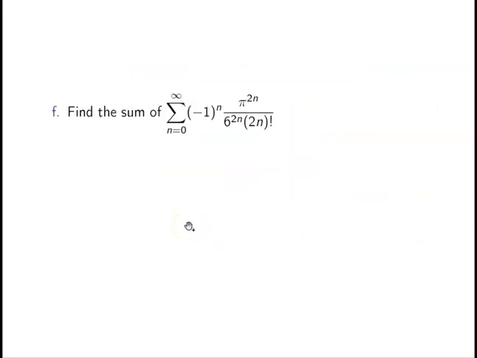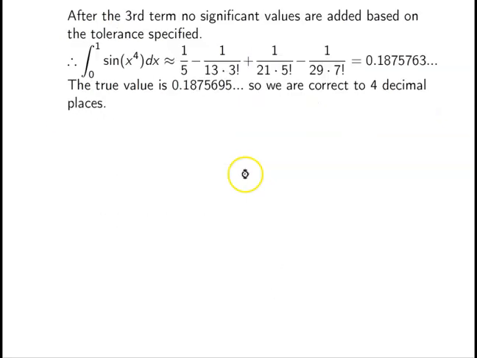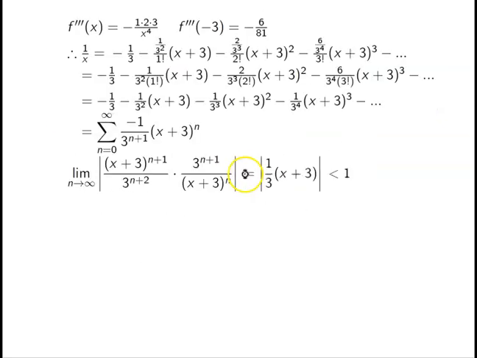F, our last example. Find the sum from 0 to infinity of this alternating series. Here we have pi to the 2n over 6 to the 2n times 2n factorial. So let's look at something that maybe looks like this, okay? Because we have a lot of constants in here. If you notice, there's no x. All of the things we've been doing here have to do with series, right?